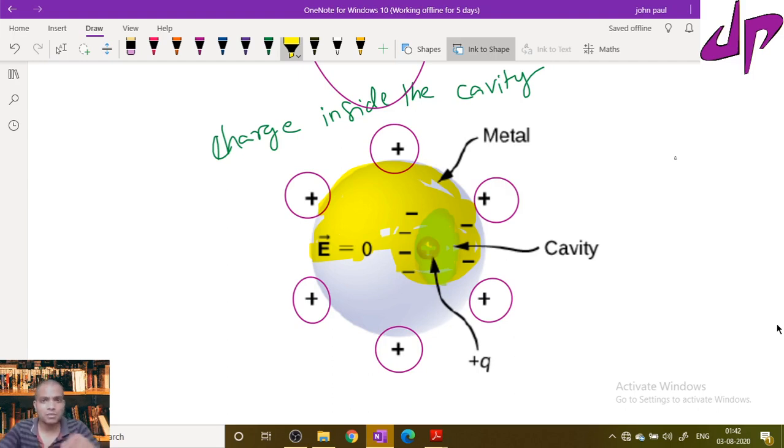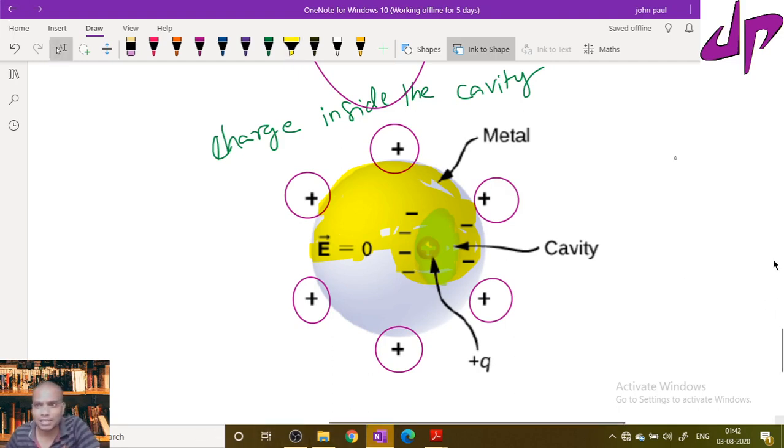This gives a very good example of how we stay safe while thundering. While thundering, it is safe to sit inside the car. What could be the reason?